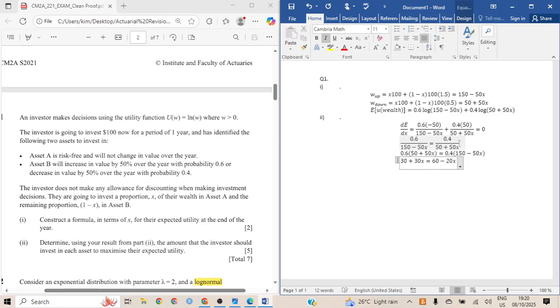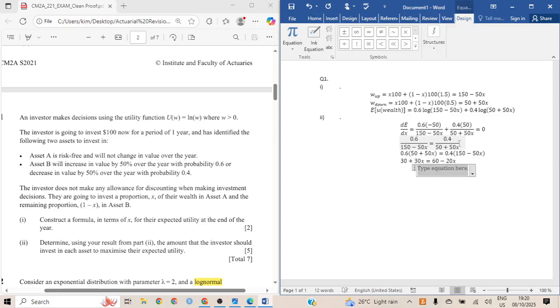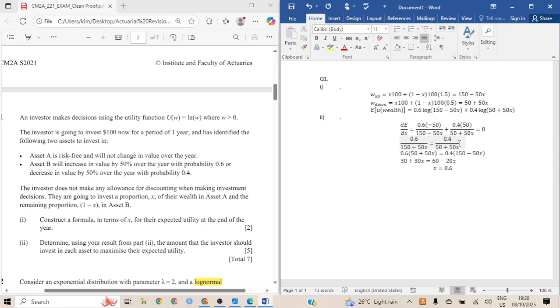Solving for this, we get the value of x to be 0.6. So the investor should invest 60, which is 0.6 times 100, in asset A, and of course 100 minus 60, which is 40, in asset B.